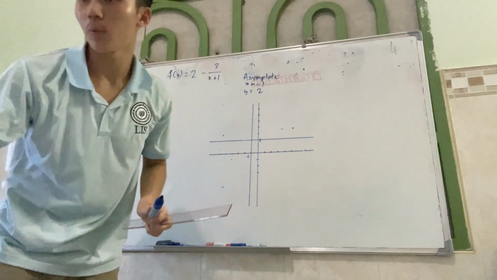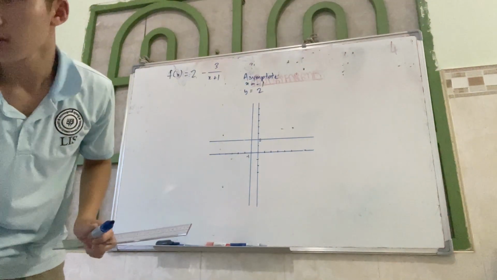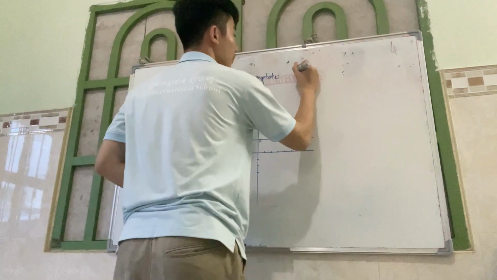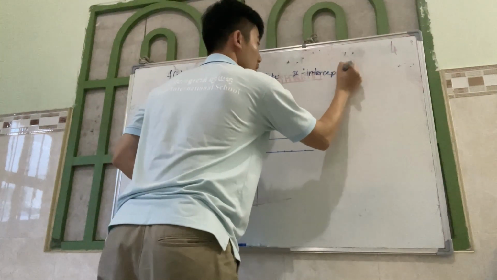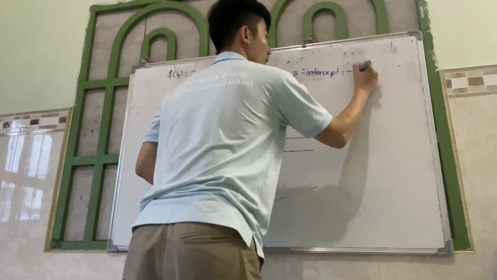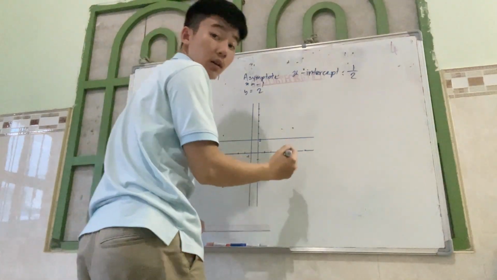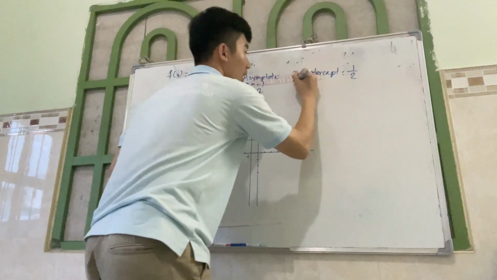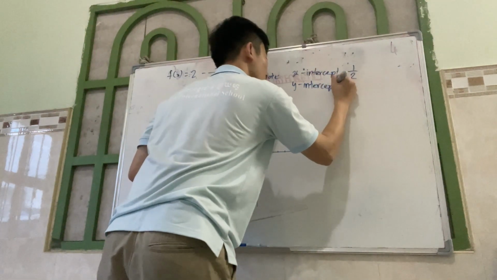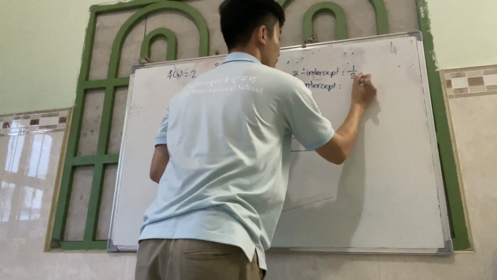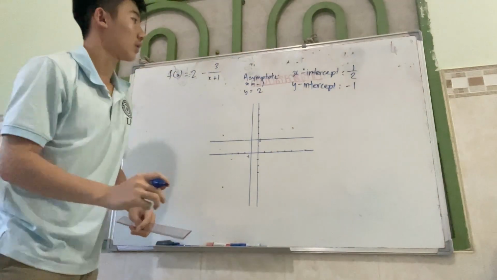Now we will mark our y-intercept and x-intercept. Our x-intercept is equal to 1 over 2, here, and our y-intercept was negative 1.